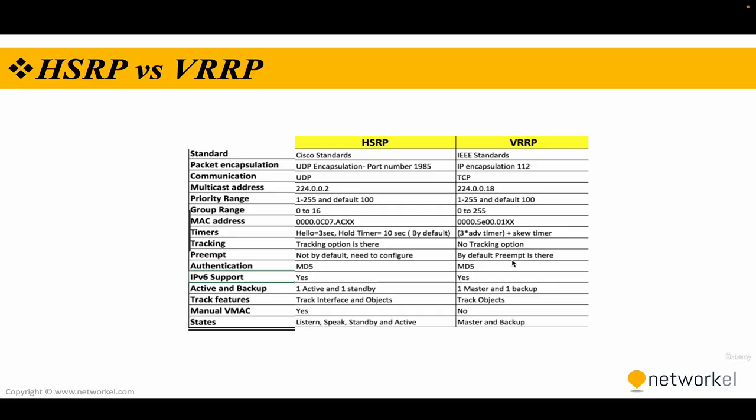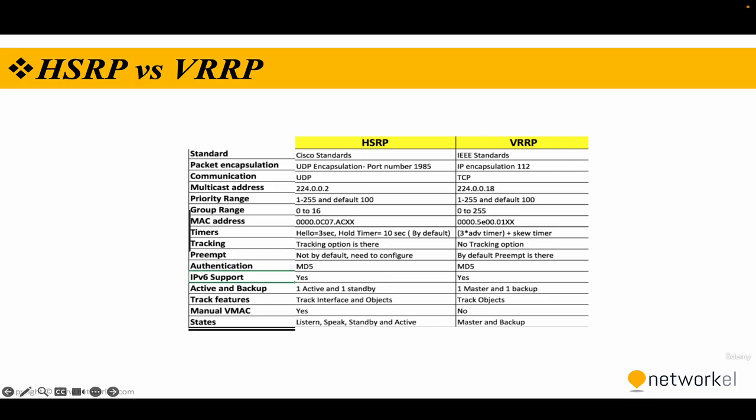Okay, so the usage is HSRP is commonly used in Cisco-centric environments. On the other hand, the VRRP, that is the industry standard, okay, and supported by multiple vendors. So the versions are VRRP version 2 and VRRP version 3, which adds the IP version 6 support.